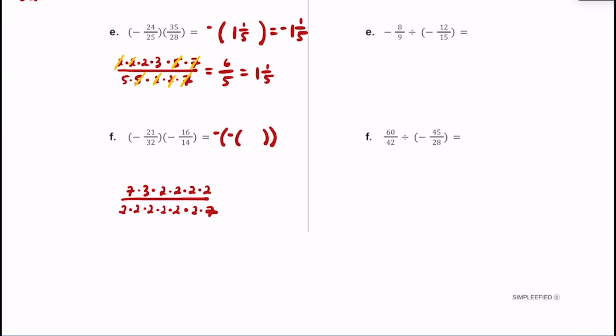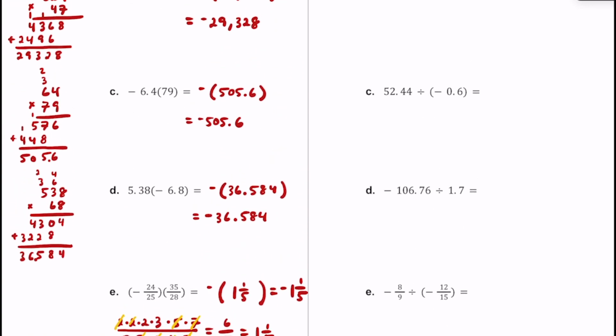Okay, so let's see, we have 4 2s on top, can cancel out with 4 2s on bottom, and then 1 7 and 1 7 can also cancel out. So in the numerator, we're just going to have 3, and in the denominator, we have 4. So the answer here is 3/4, but we had 2 negatives multiplying, so it's the opposite of 3/4, which is really just 3/4.